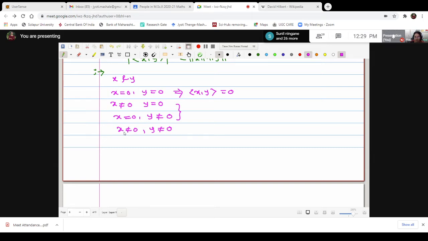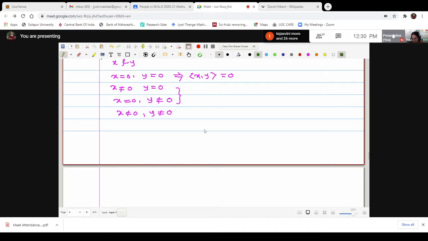In this way, the four cases we will cover simply by discussing y equal to 0 and y not equal to 0. If I consider y equal to 0, then x may take any value, non-zero, 0. If I consider y not equal to 0, x may take any value, 0, non-zero. Therefore, the four cases will be covered if I discuss by taking only the values depending on y.